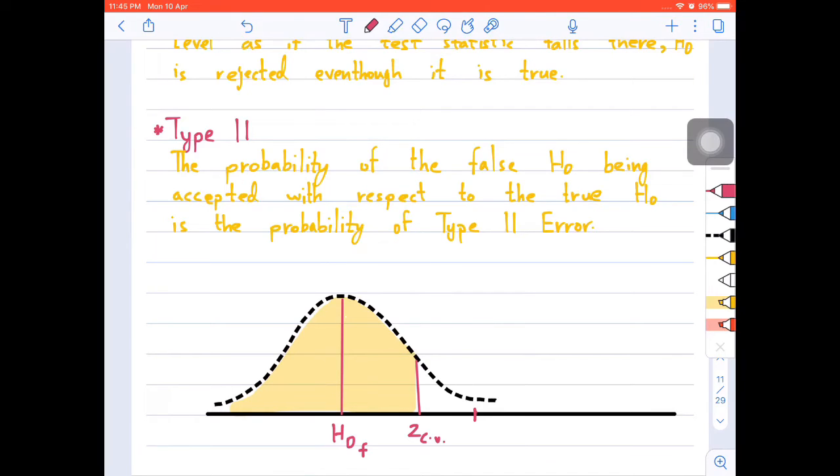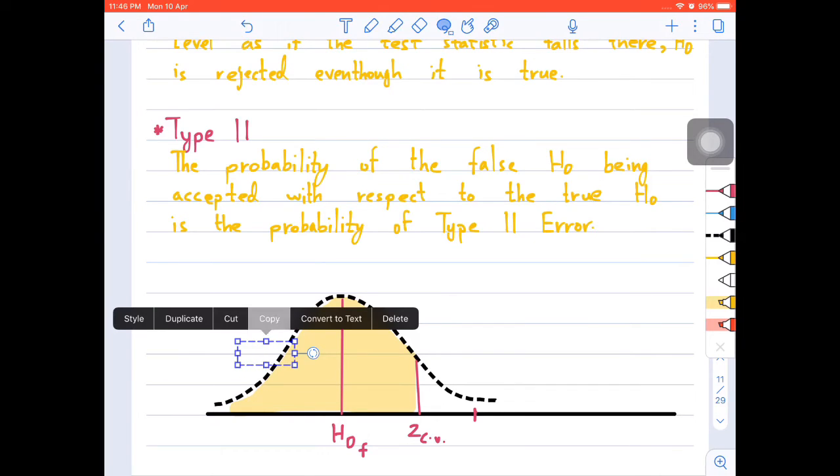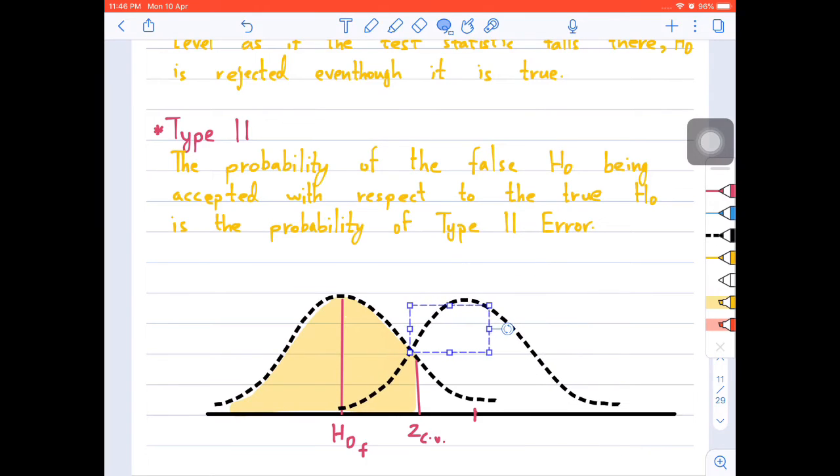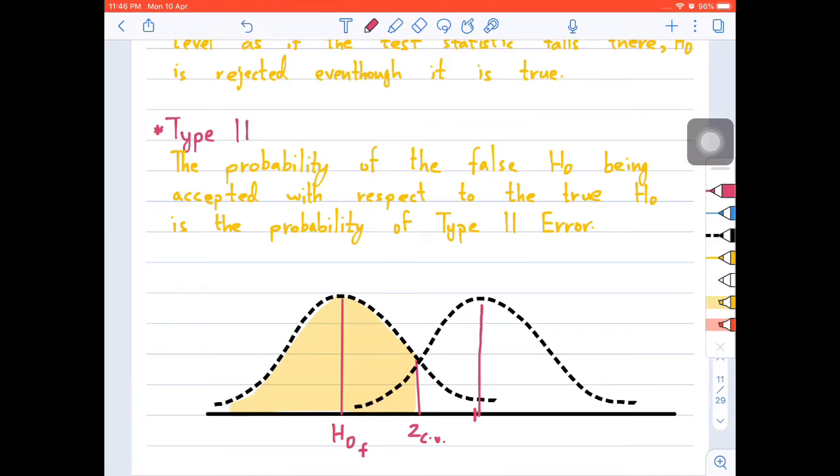The new distribution will be somewhat like this, where the mean will be over here. This is the true H0.